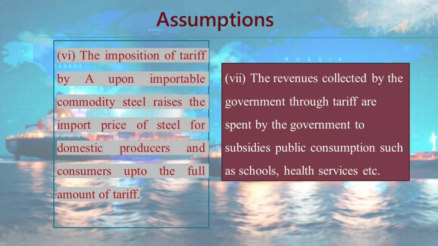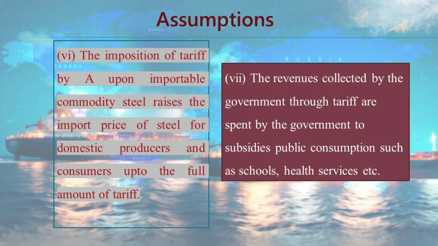If we go further, the imposition of tariff by country A upon the importable commodity steel raises the import price of steel for domestic producers and consumers up to the full amount of tariff. So what happens? Country A is our small country.